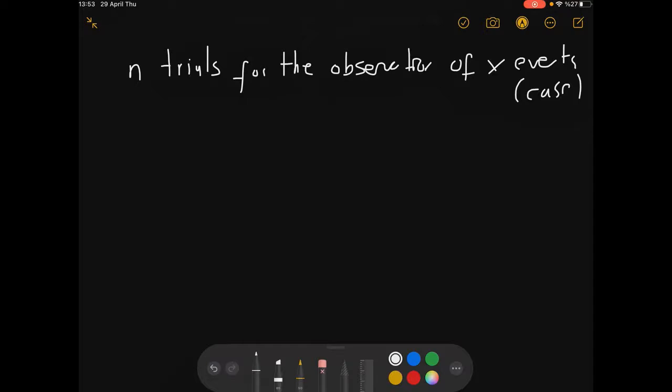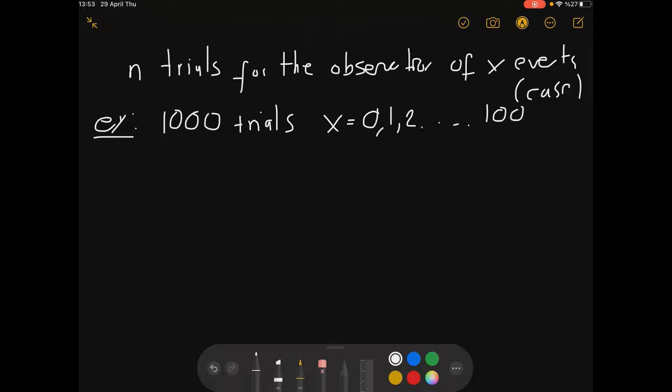Okay, so for example, suppose that you have 1000 trials for a particular event. So your x can take values from 0, 1, 2 to 1000, right? These are all the probabilities that could be calculated.